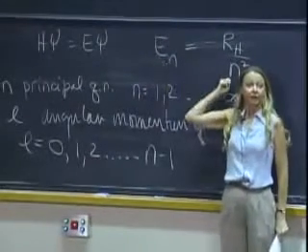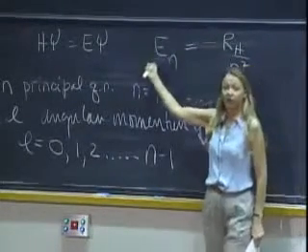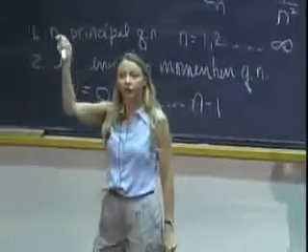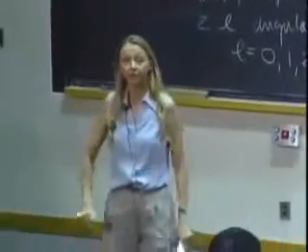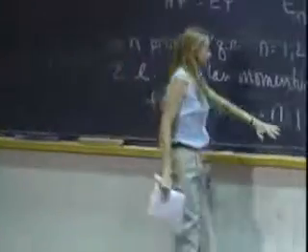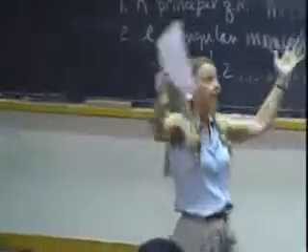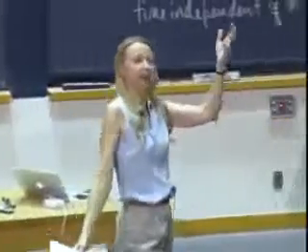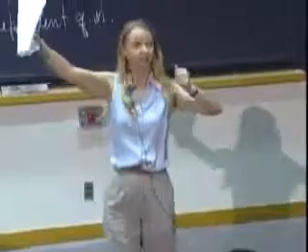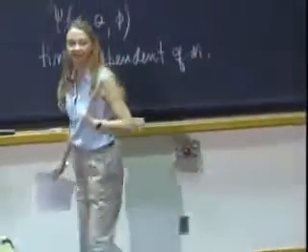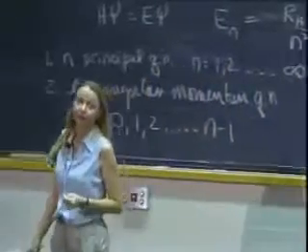And remember that this energy here is dependent only on n. This energy is the sum of kinetic energy plus potential energy. So if L had the same value as n, that would essentially mean we'd have only rotational kinetic energy and no potential energy. But that's not right. We've got a potential energy of interaction. So physically, that's why L is tied to n, and it can't be larger than n minus 1.